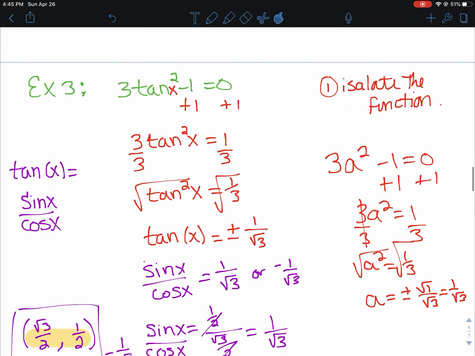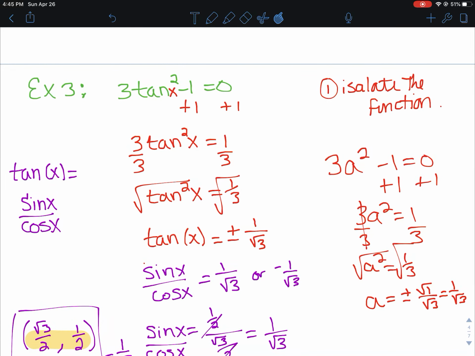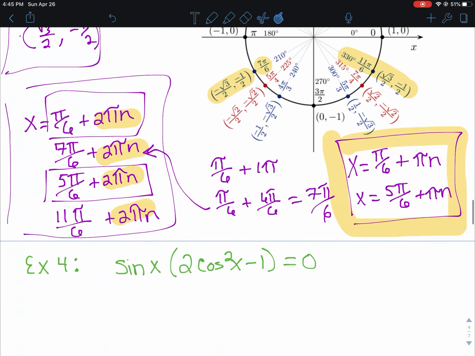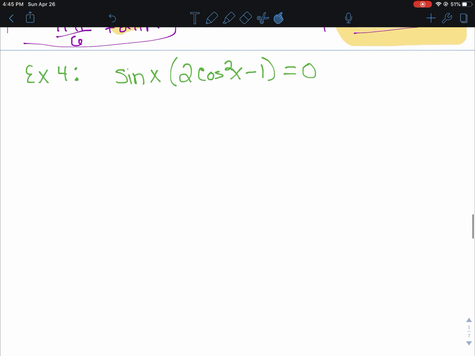I know that gets a little bit more complicated, but the process is the same. We're isolating that function, okay? Just as if the function were a variable, isolate the function, and then look for the spot on the unit circle that gives you this value. The angle is your answer. That's your solution, okay? All right, let's try another.